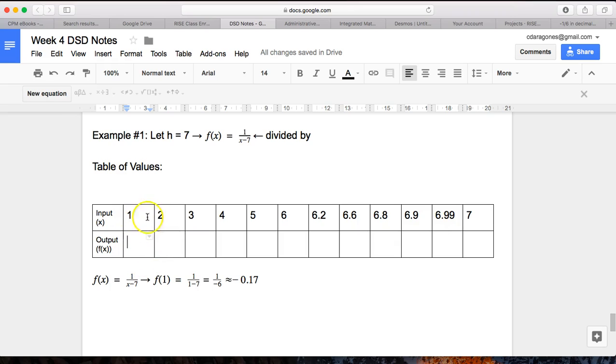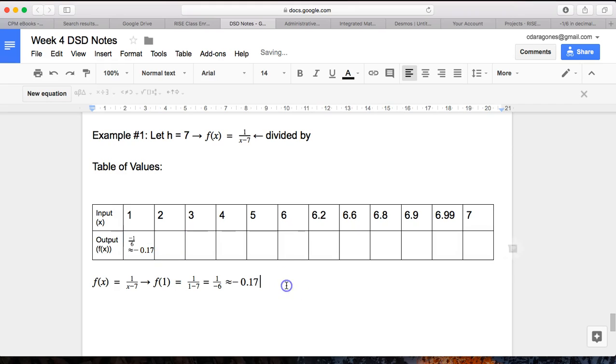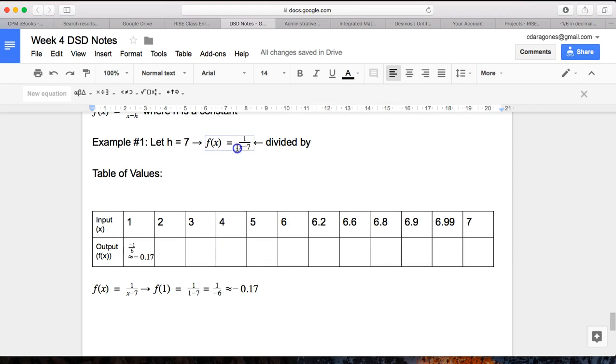So in my output, I'm going to put negative 1/6, or approximately equal to negative 0.17. Okay, so whenever my input is 1, my output is negative 1/6.